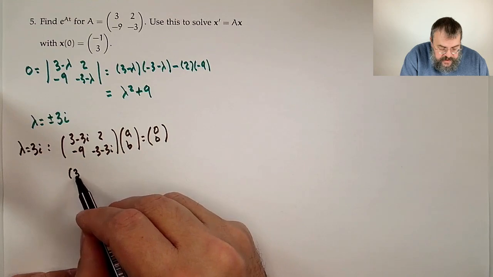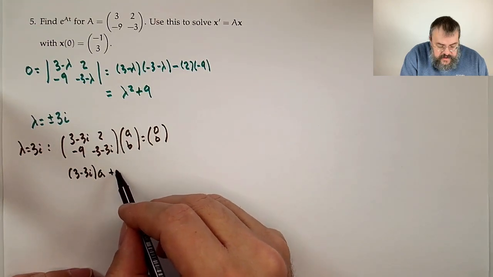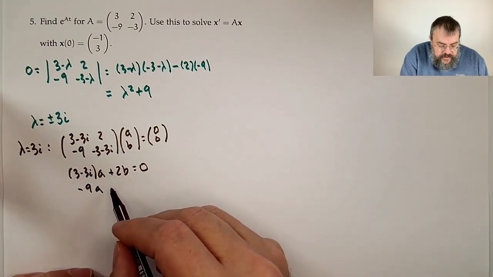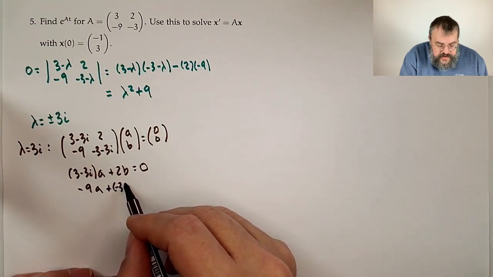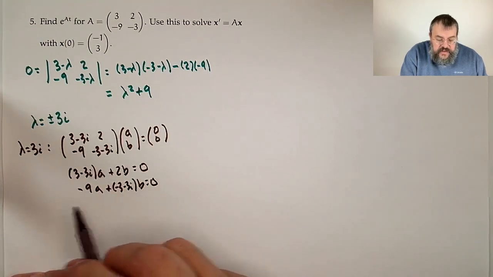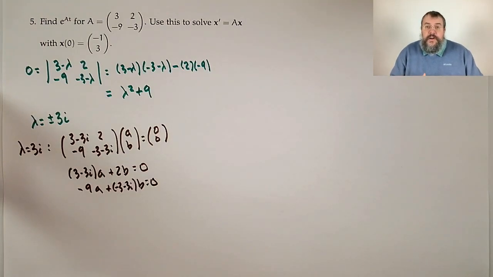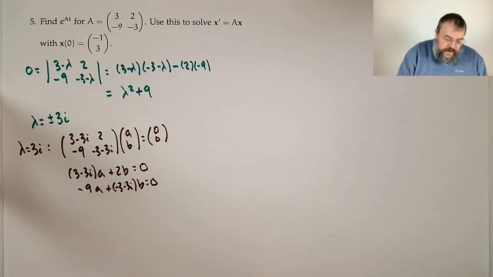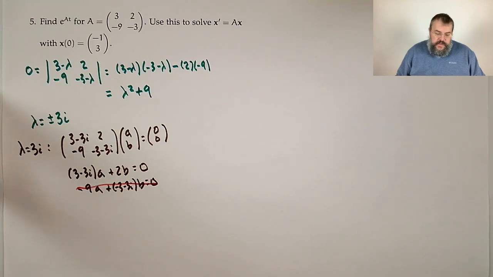When you have complex numbers, it's a little bit harder to see this, but it is still the case that if you have eigenvalues and you're doing your eigenvectors, there's redundancy. So these two equations are not that different from each other. The way we use that is we just pick one, and we'll take the other out. I like the 2. That's a smaller number, so I'll take this one out. And now we start thinking, how do we find a choice for a, b? We only need one choice. We just need one eigenvector.